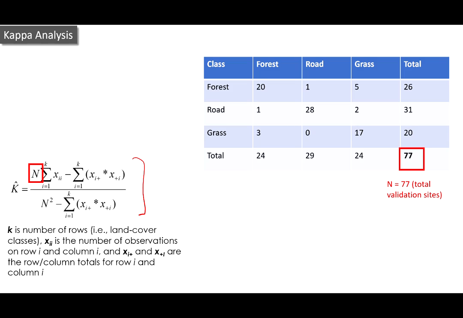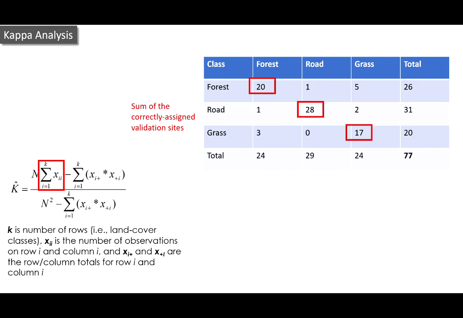First of all, what do we need? We need just the n, the total of all of your reference information. That's an easy start. You need to know how many observations you have. The next term here is the sum, from 1 to k, the number of classes, of what you did correctly.